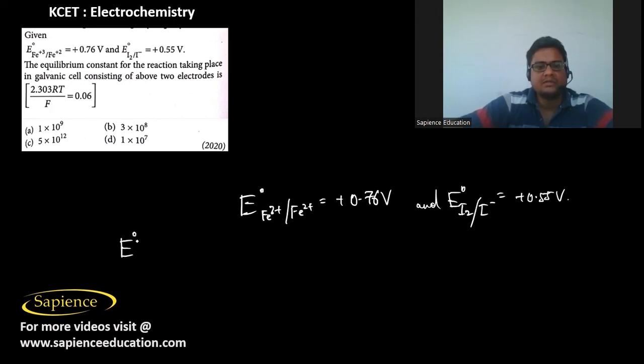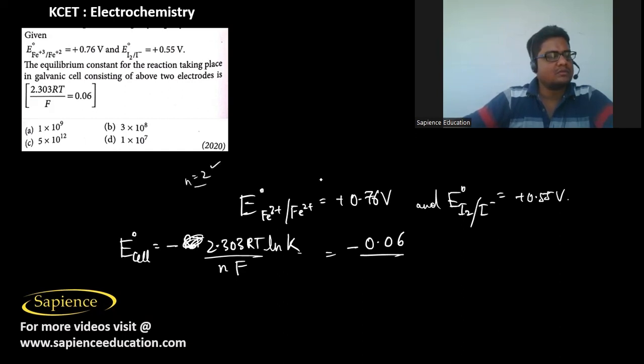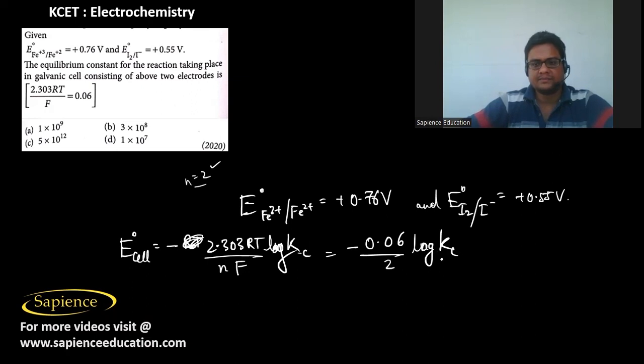Now, as you know, E naught cell is equal to 2.303 RT by NF log K. 2.303 RT by F is 0.06, so it is 0.06 by N, where N is equal to 2 here, since 2 electrons are involved, into log Kc, where we only have to find this equilibrium constant Kc.